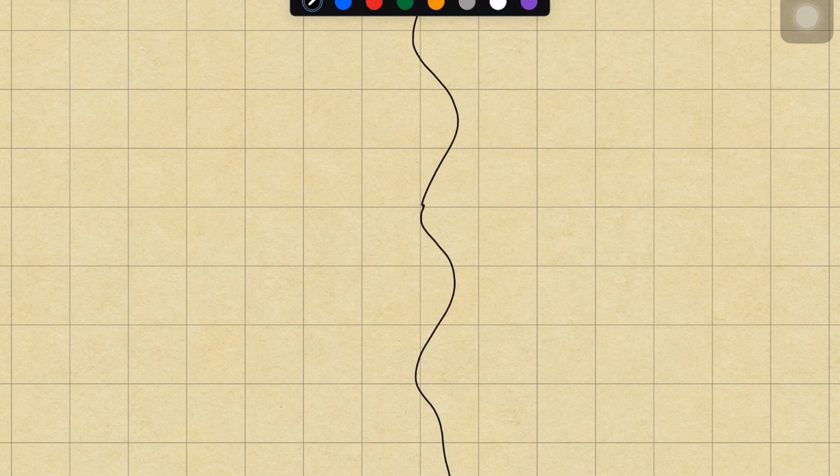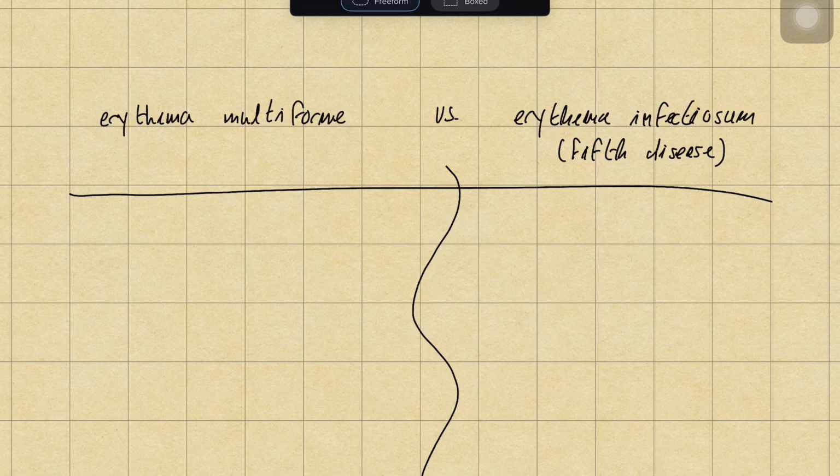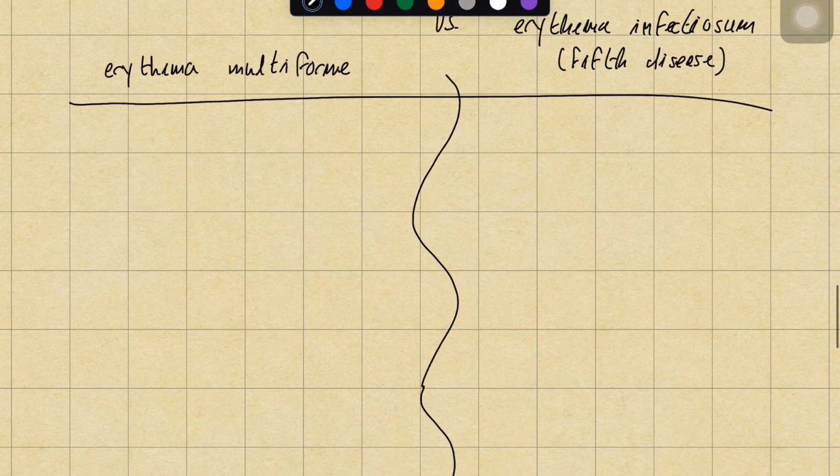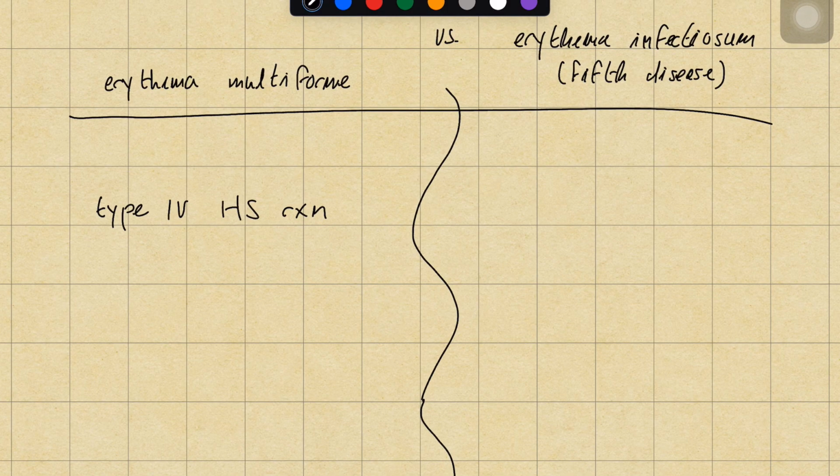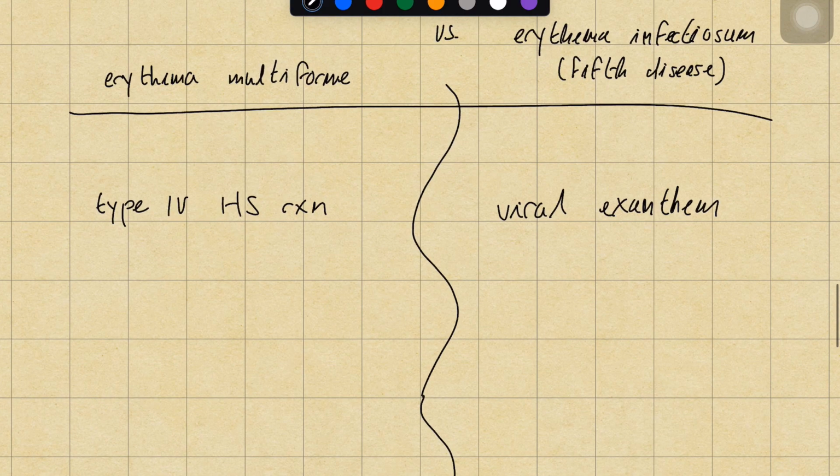For erythema multiforme, this one is a type 4 hypersensitivity reaction, so that's important to know. That means it's delayed and cell-mediated. Erythema infectiosum is a viral exanthem, which is a fancy way of saying it's a rash associated with some viral infection.